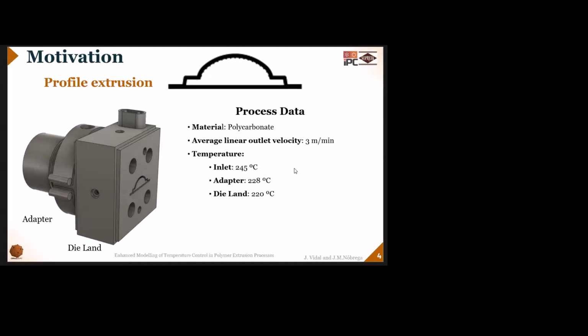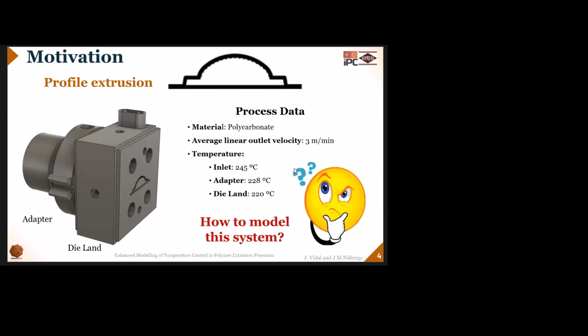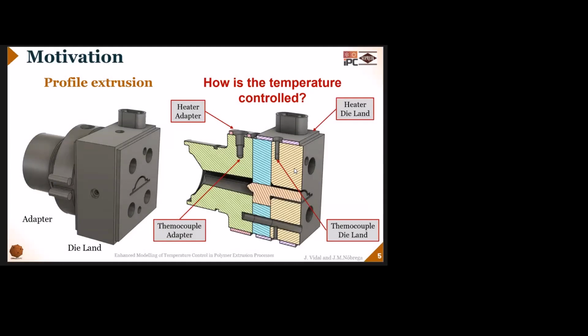The motivation for this work is that we have a profile and we know the material, we know the process that we want to extrude, we know the typical temperatures that we will apply to the die, and we want to know how to model this system. Right now, the temperature is controlled by reading the temperature in the thermocouple and turning on or off the heaters.